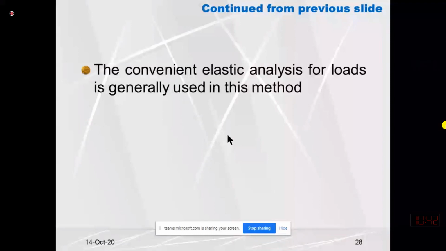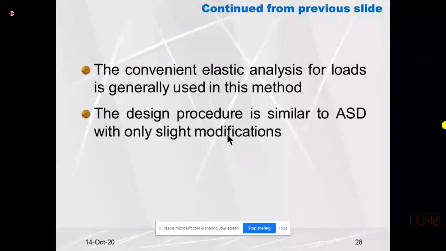If I am using a material strength equal to 0.9 Fy, I am still in the elastic range. So all the theory of elasticity and elastic formulas, for example the shear formula, bending formula and deflection formula, are applicable for the analysis and design of structures. The design procedure is similar to ASD with only slight modification that I have explained.